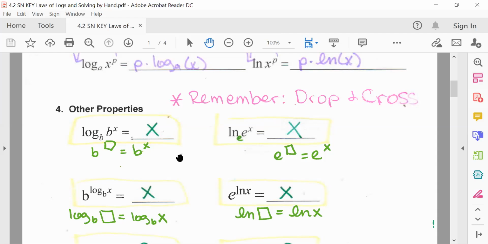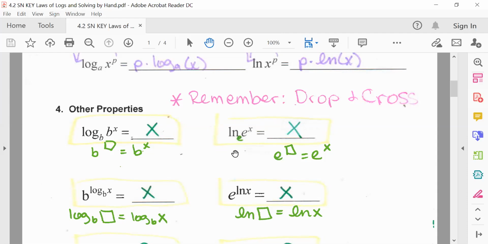If we drop and cross, we'll have b, the base, drops to the unknown, equal to what we took the log of, b to the x. Well, looking at this, the number in the box has to be x, so that's x. Okay, log base b of b to the power of x is simply x.